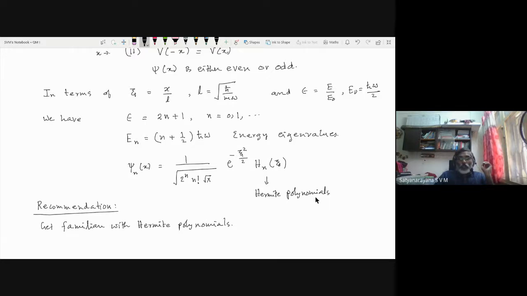Yeah. So what you have to learn is the orthogonality relation, generating function.